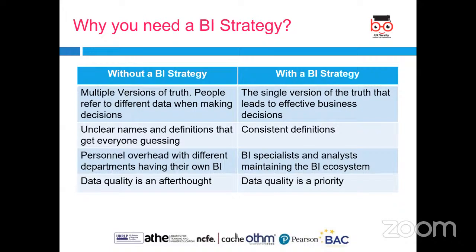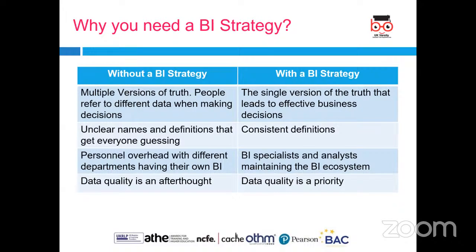Also, we have to look into what happens when not implementing a BI strategy, where we now have multiple versions of truth, where all these people would refer to different data when making decisions. Unclear names and definitions that get everyone guessing.